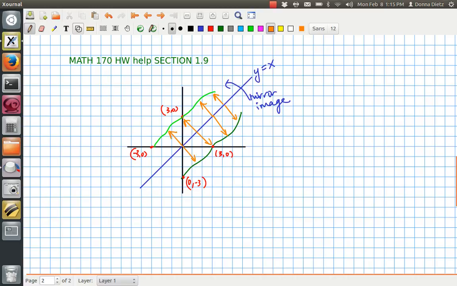Okay, and that's the mirror image you're looking for. These little arrows, like that arrow should be the same length as that arrow, and so on and so forth. So that's how you do those problems. Again, if there's a point that's easy to reference, find the opposite point over there. All right.